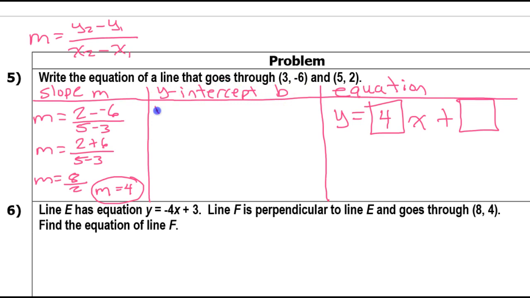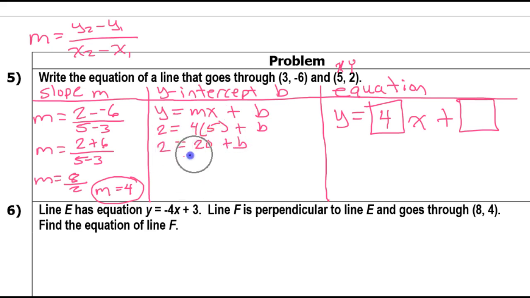Now the y-intercept. So we will say y is equal to mx plus b. We're looking for b. So let's pick one of these points to use for the x and the y. I'm going to go ahead and pick this one. So I'll let this be x and I'll let this be y. So that's why I'm going to go 2 is equal to, well, the m is 4, the x is 5, plus b. So that's 2 is equal to 20 plus b.